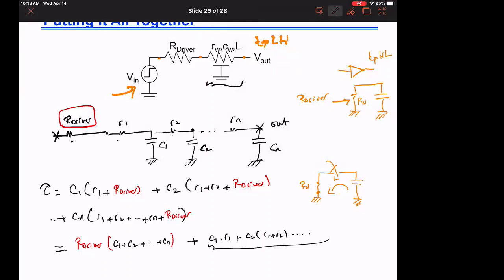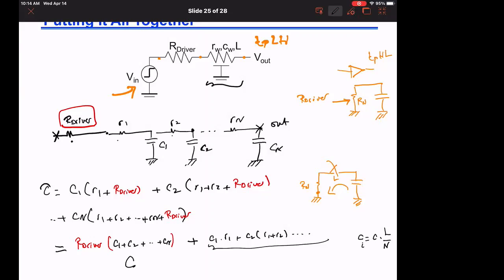Now, I know that my little ci are the little coefficient c times L over n. So their summation, what is their summation? What will the sum of the little capacitances be? Big C, right?